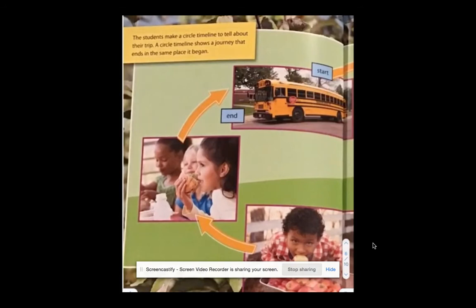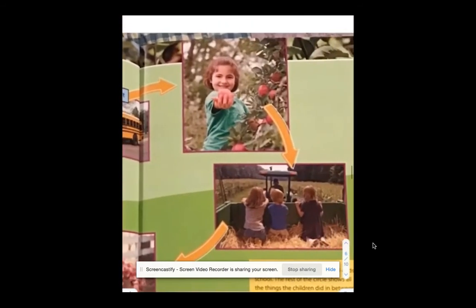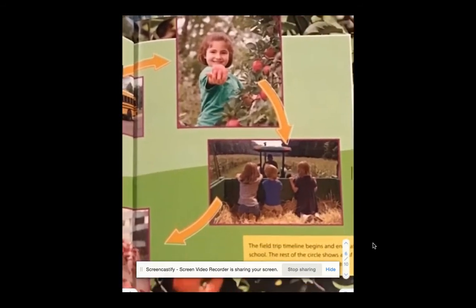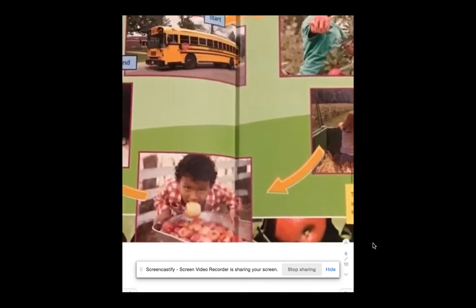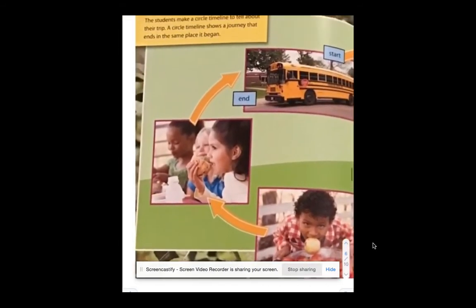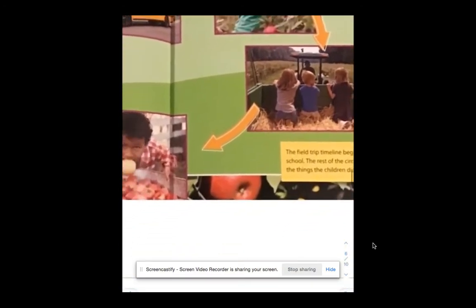A circle timeline shows a journey that ends in the same place it began. Start, see the bus? Then they go to the orchard, they have their hay ride. The field trip timeline begins and ends at school. The rest of the circle shows all the things the children did in between. Bobbing for apples, eat, and then they end back up at school.